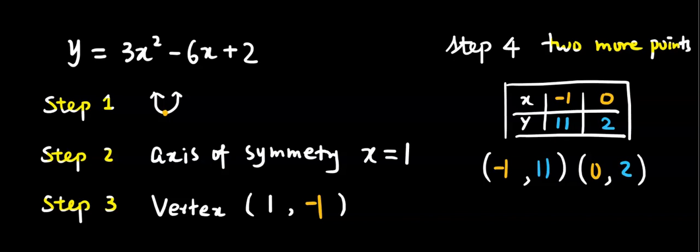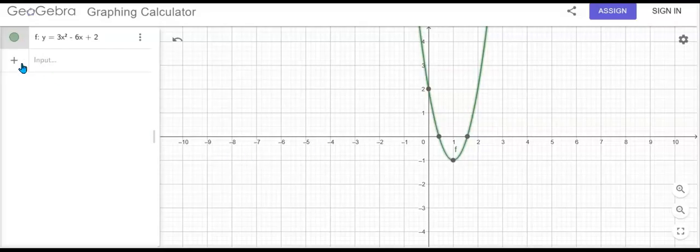For me, I'm going to try my favorite, GeoGebra. To save your time, I already inserted this function and the graph is already formed for us. As you can see, earlier we found that the axis of symmetry is x equals 1. So the line I'm tracing right now is x equals 1. And this point is called the vertex.